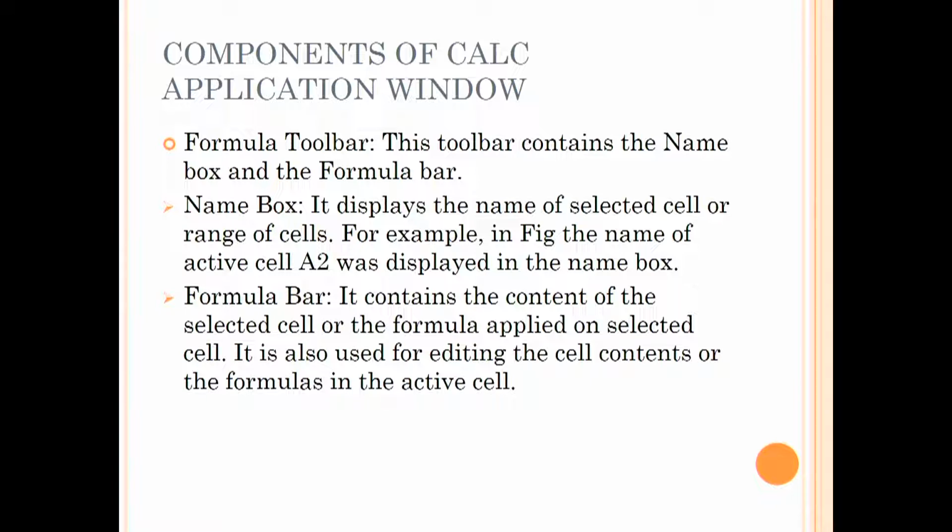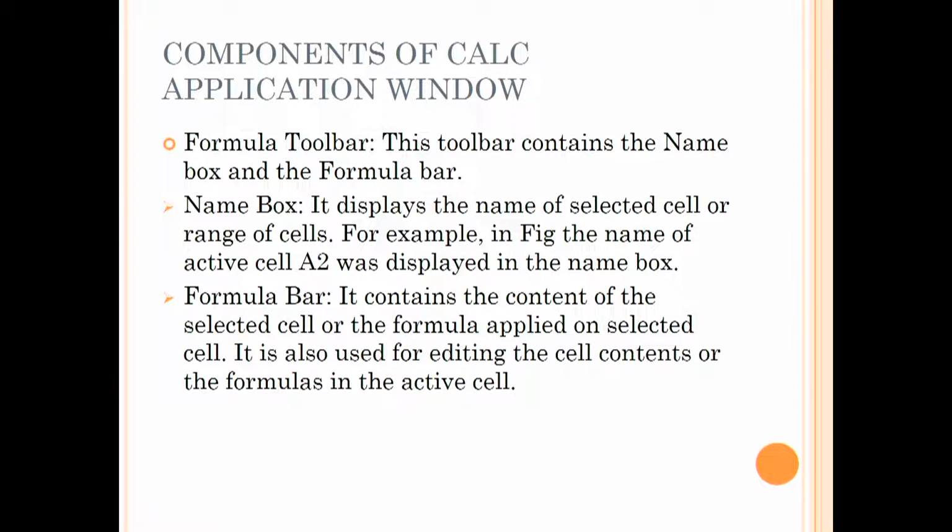The name box displays the name of the selected cell or range of cells. For example, whenever you see the CALC window, you will find there is one active cell on the screen, which you previously saw. The cell was A2. So A2 was highlighted, the borders of A2 were bold.